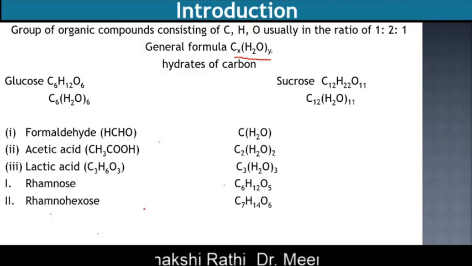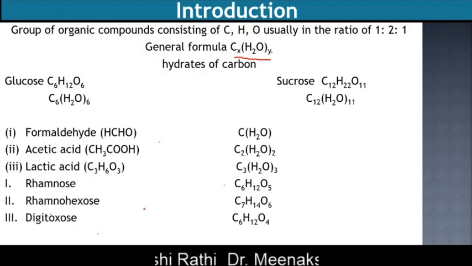Its formula is C7H14O6, not O7. And the third one is digitoxose, C6H12O4. So these three examples, though they are carbohydrates, their molecular formula we can't write in the form of hydrates of carbon, but still they are carbohydrates.